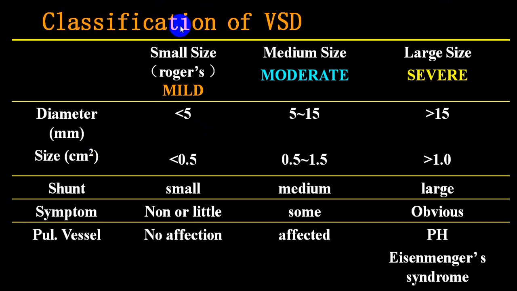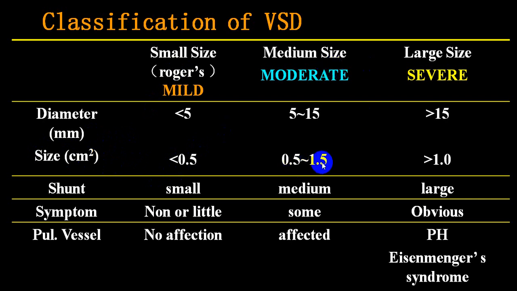So this is another classification which is commonly being utilized: small size, moderate size, or severe size. Small size, diameter wise less than 5 millimeter, is also called mild or Roger's defect. If you calculate the area, less than 0.5 square centimeter.